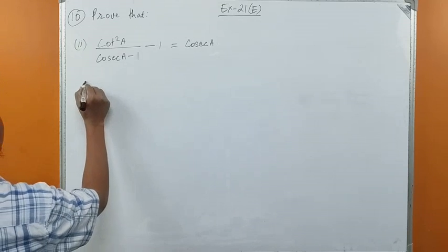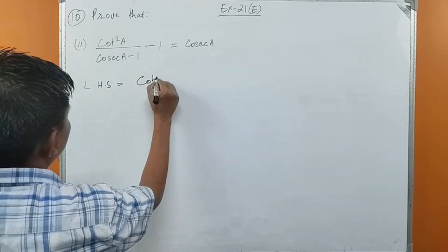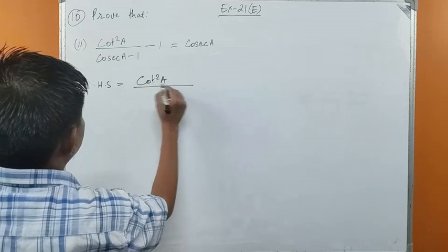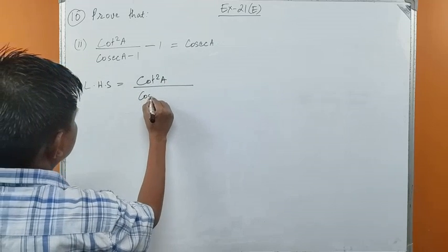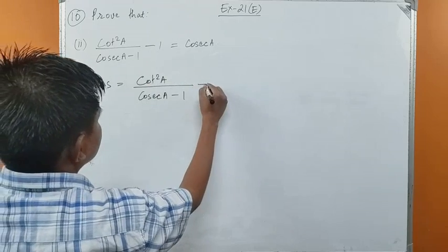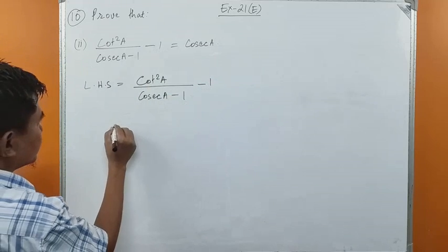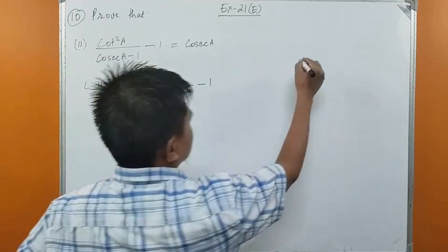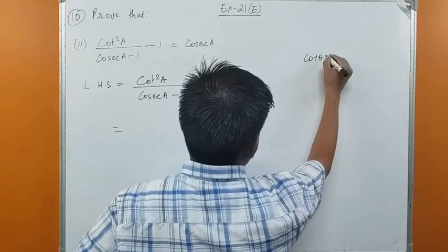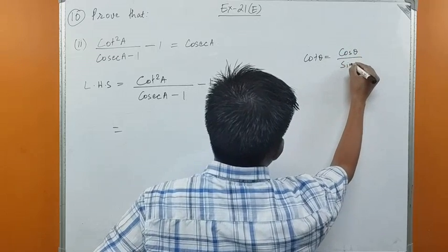LHS equals cot square A upon cosec A minus 1, isn't it? This minus 1 comes here. Okay, so cot theta can be written as cos theta upon sin theta, isn't it?